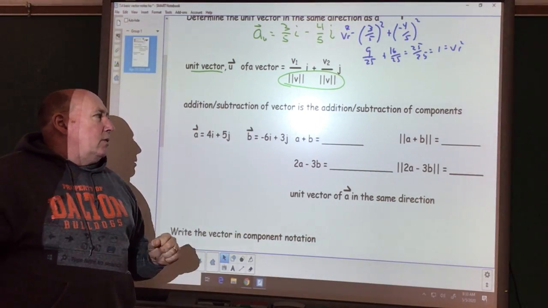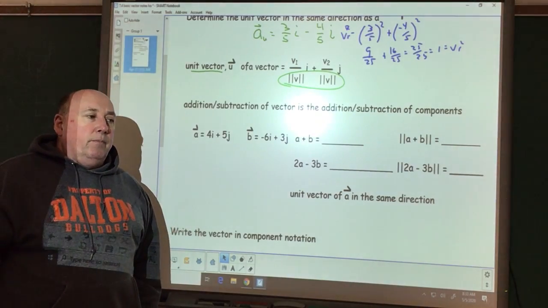Addition and subtraction of vectors by looking at the components.